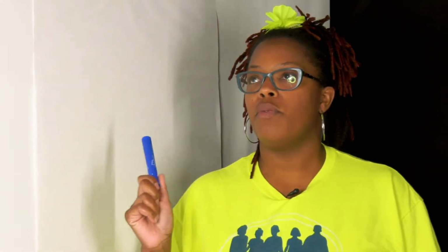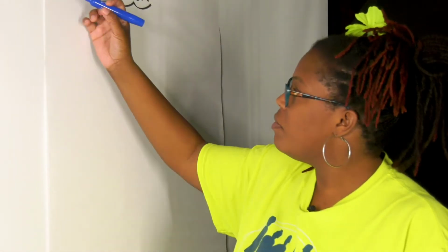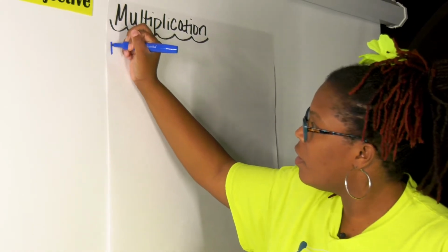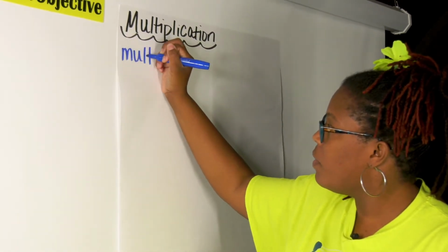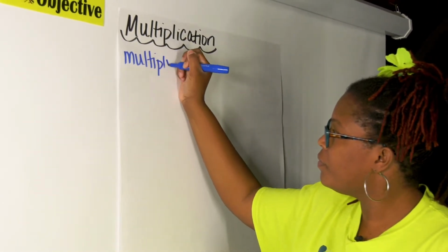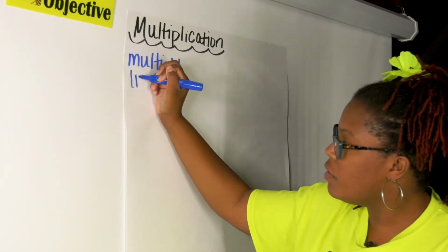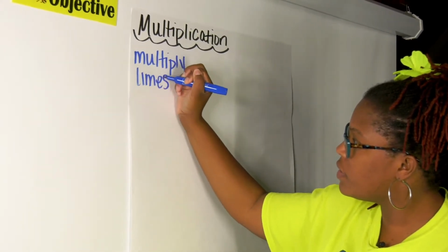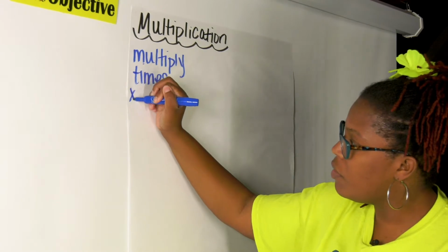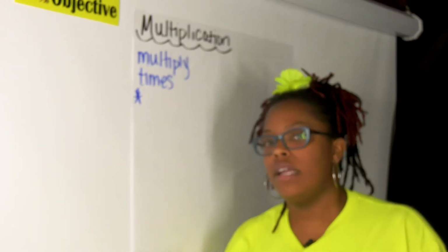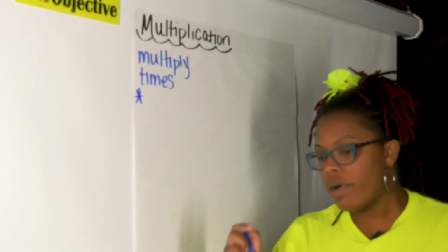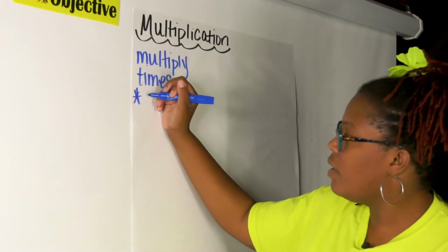So before we get started, when you think about the word multiplication, you think about some words that you may hear that mean multiply. You have the word itself, multiply. You may also see the word times. Okay, a key word. If the question said, what is the product of 3 and 7?